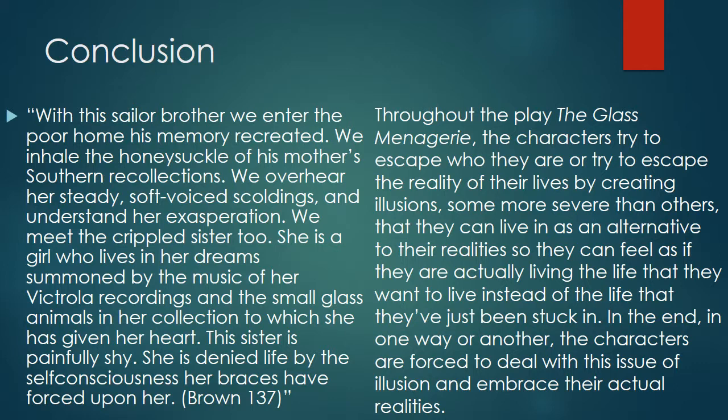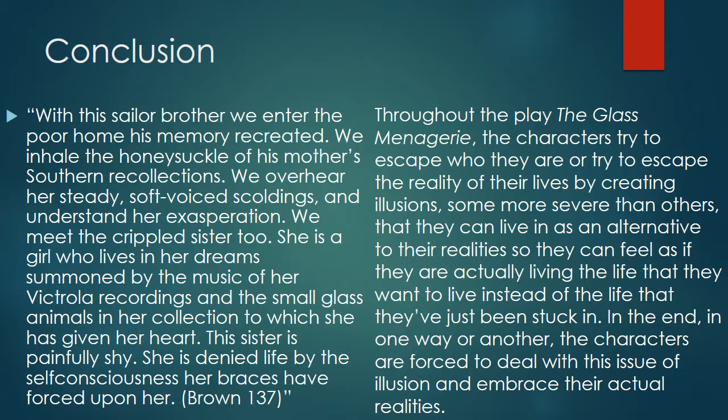And then it talks about the crippled sister who is painfully shy and denied life because of her self-consciousness from her childhood defect in the braces, which led her to live in her dreams from the music of her Victrola and her small glass animals, which she has given her heart. She devotes all her time into that and not into actually participating in the reality around her.